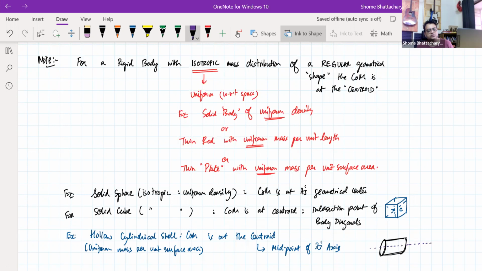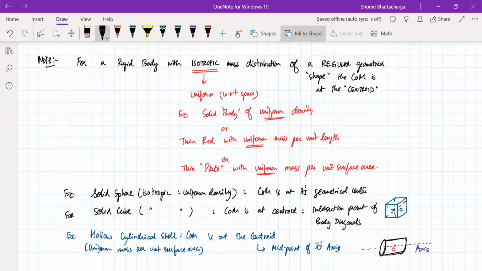I mean, the centers of all those rings. Yes, sir. That is the axis of the cylinder. So now the midpoint of this axis. The proper name for this axis is symmetry axis of the cylinder. So the midpoint of the symmetry axis inside it, that is the center of mass now. Yes, sir.